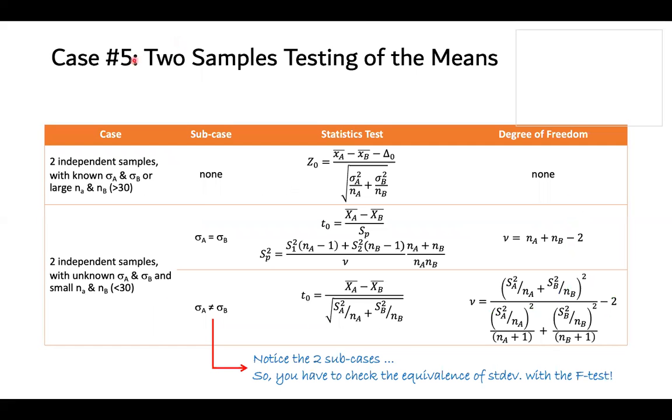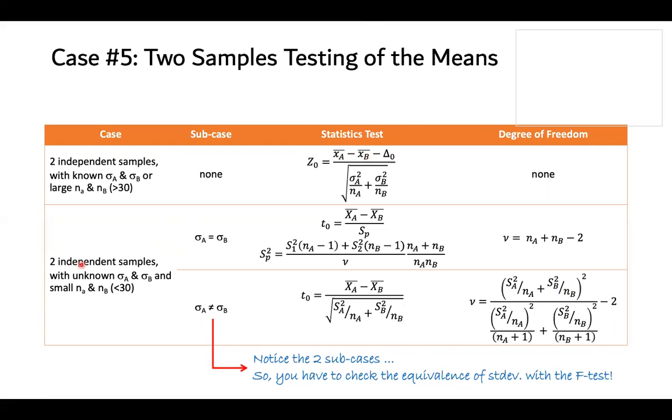Okay, and then the last one, we have some sub cases. There are 3 cases here for 2-sample testing of the means. This is for 2 independent samples. If we know the standard deviation of A and standard deviation of B, or we have both large sample numbers, then we're going to use the Z test, but for 2 independent samples. And this is the formula.